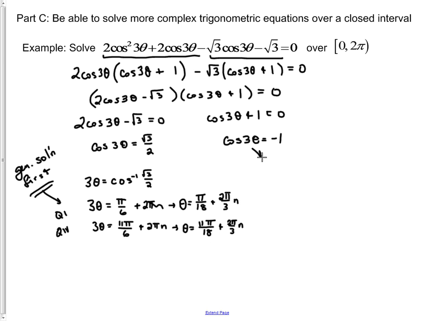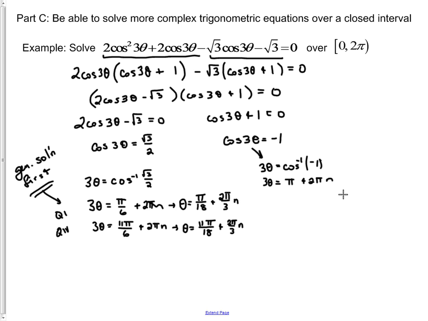We have cosine of 3 theta is equal to negative 1. Well, we know that the inverse cosine of negative 1, remember this is only on the interval from 0 to 2 pi, would be pi. So 3 theta would equal pi plus any angle coterminal with it.